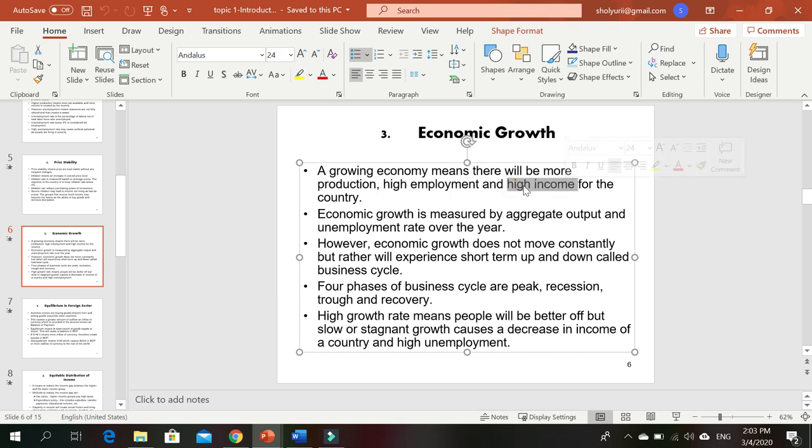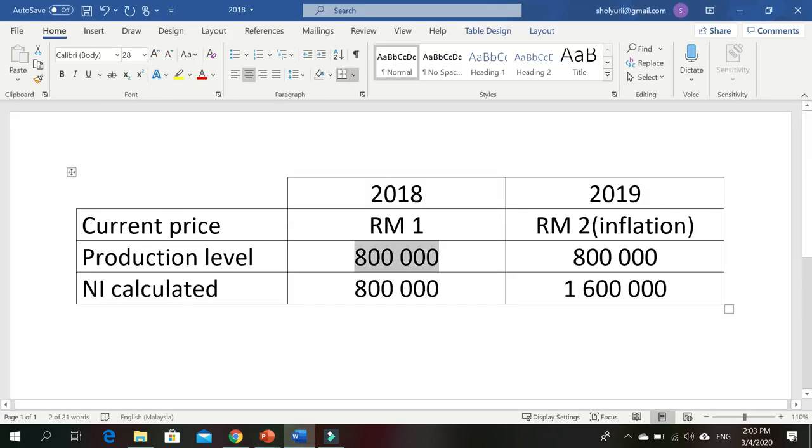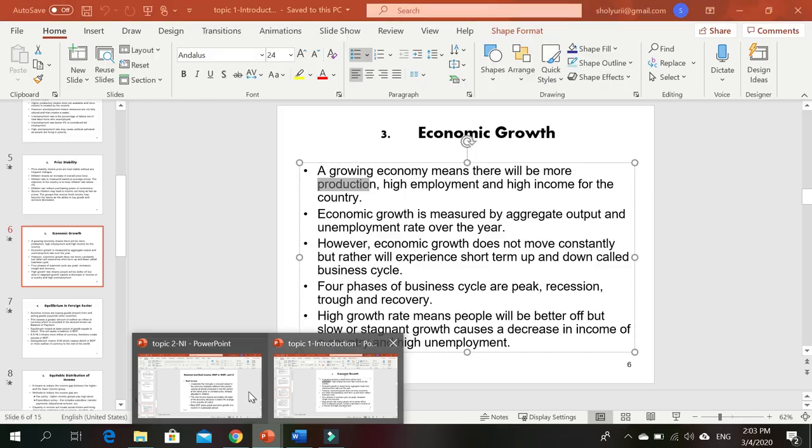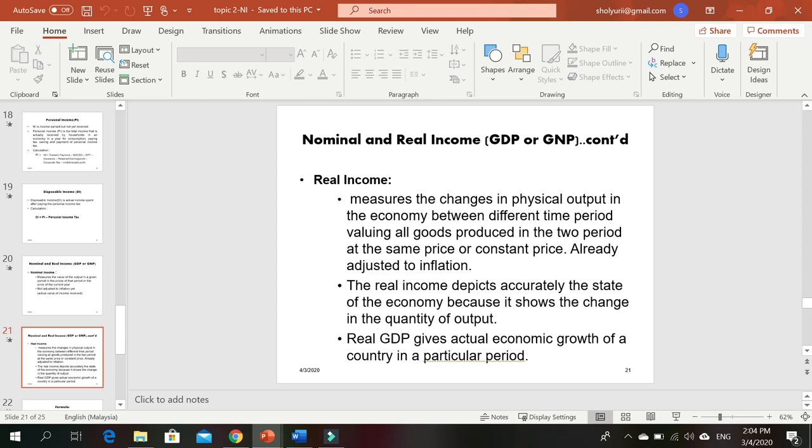Bukan dari segi higher income saja, production level of the country tu mesti banyak juga. So, in this case, production level kita sama, tak meningkat. Cuma dari segi income sahaja meningkat. This is nominal income. National income yang nominal. Okay, so that's why kita dapat tinggi. Okay, so it is very important for us to calculate the real income.